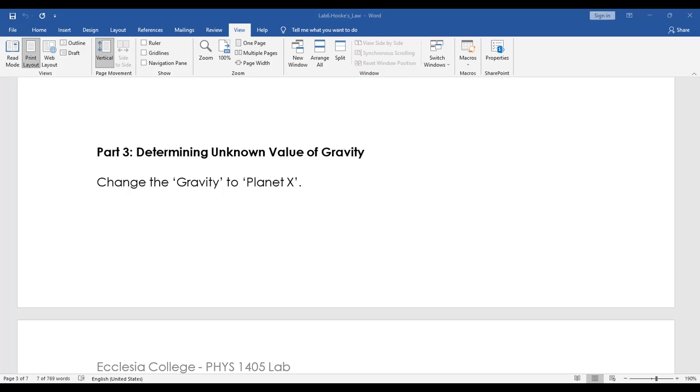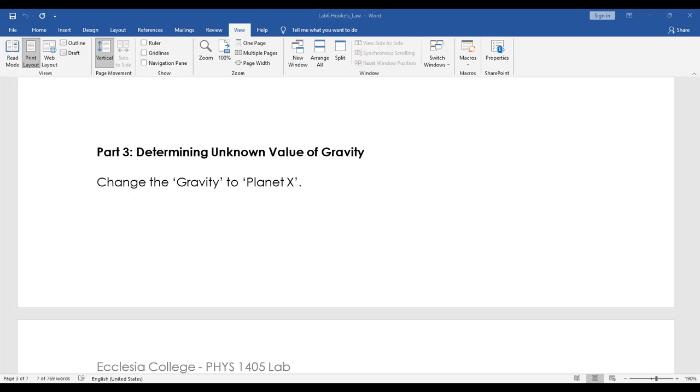Then W is equal to m g. In this case, not just g, but g of planet X. We need to find g of planet X. What is g of planet X? Then g of planet X is equal to weight divided by mass. Mass, as I said, is 100 gram, which is 0.1 kilogram.